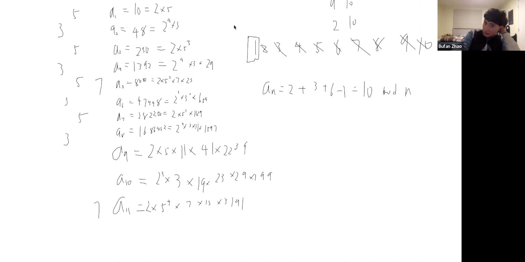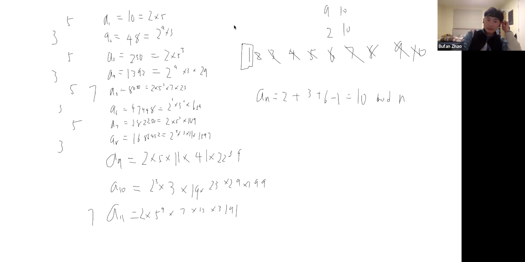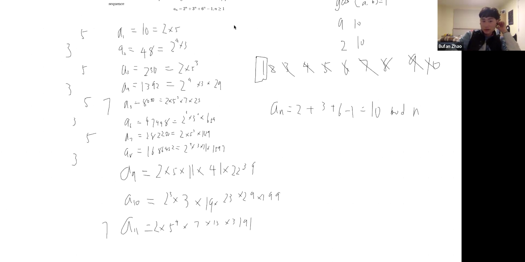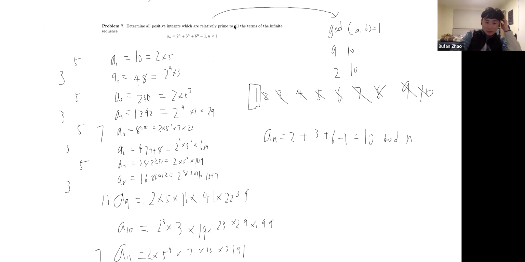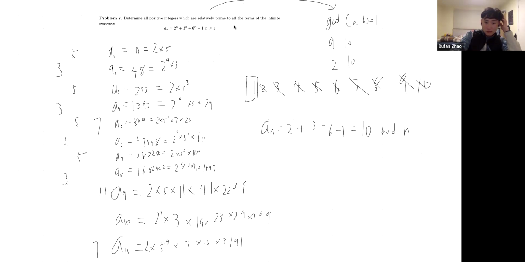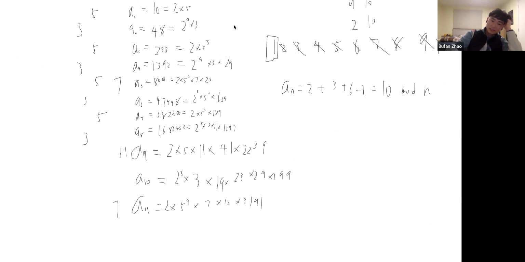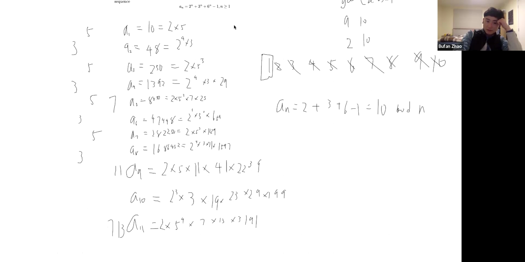And then what's the next prime number? 11. 11 appears here. And does 11 appear anywhere else? Right. And 11 doesn't appear anywhere else. And 13 stops working here. Cool.